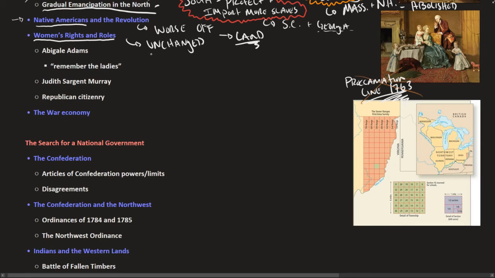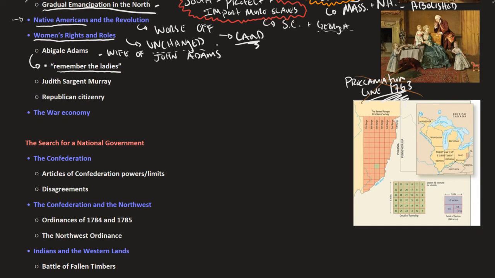There were some important things to take note of. Abigail Adams' letter, Remember the Ladies. Abigail Adams was the wife of John Adams, who was an instrumental piece of the Declaration of Independence. He'll be there when it comes to writing the first and second constitutions. John Adams was from Massachusetts.